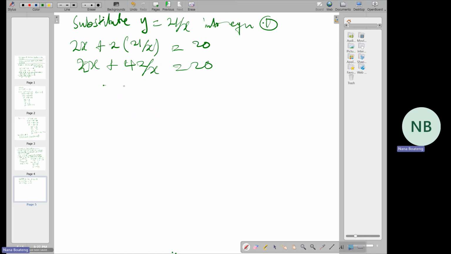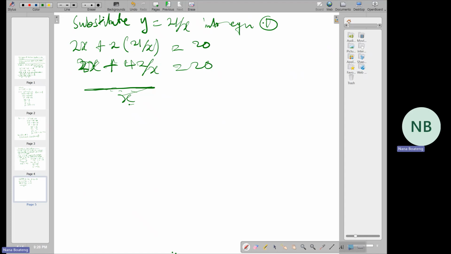The LCM here becomes x, so 2x is the same as 2x divided by 1.